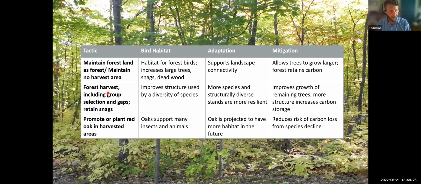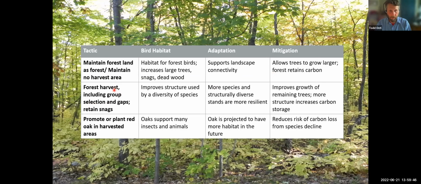I'll just highlight here, they identified many places where they're just going to maintain a no harvest area. That's important bird habitat, landscape connectivity for adaptation, and of course allows trees to grow larger and retain carbon.